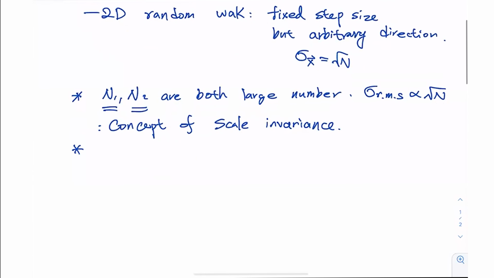Another very important idea is the idea of universality class. This idea basically links two different systems: one is the one-dimensional random walk, and the other is the two-dimensional random walk.